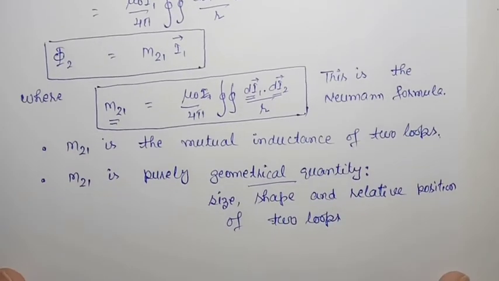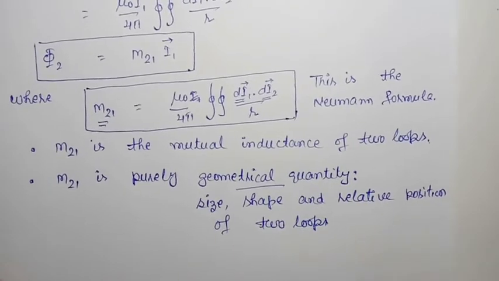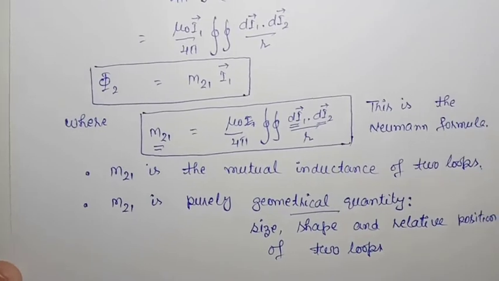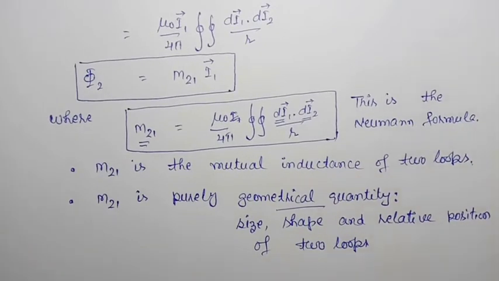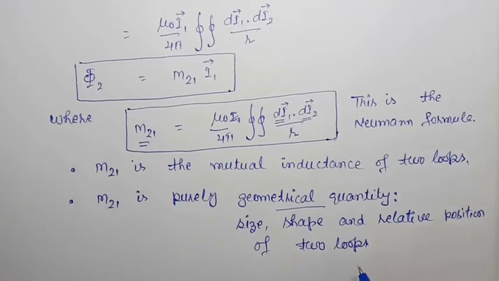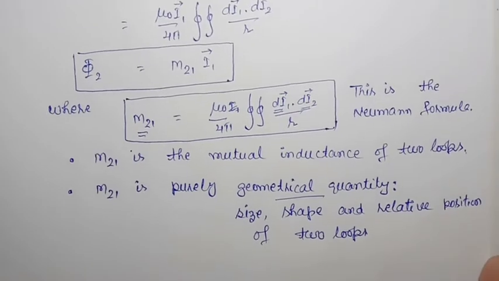Okay. So here M21 is a geometrical quantity, that is size, shape and relative position of the two loops.